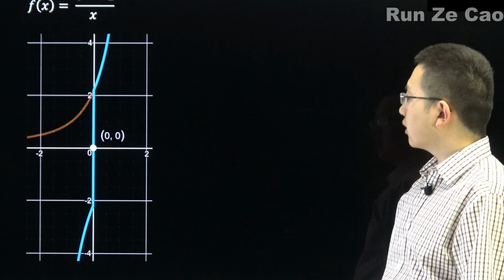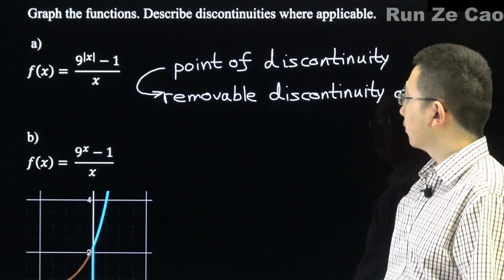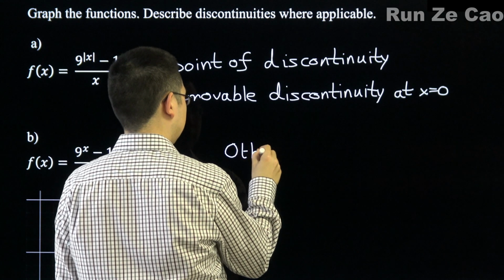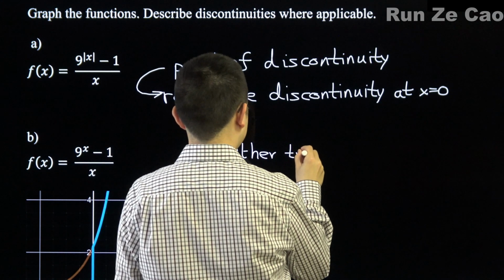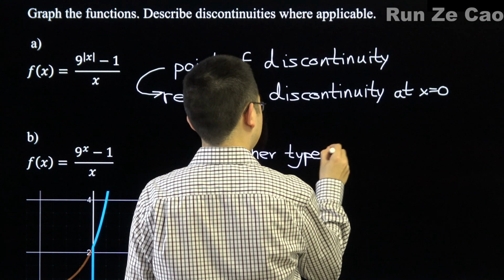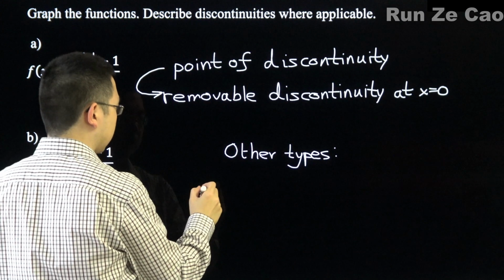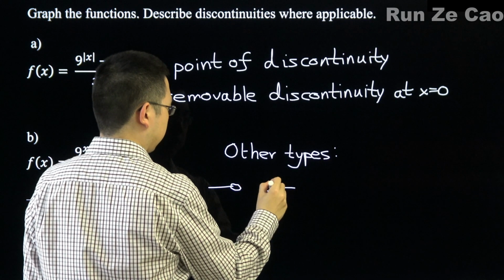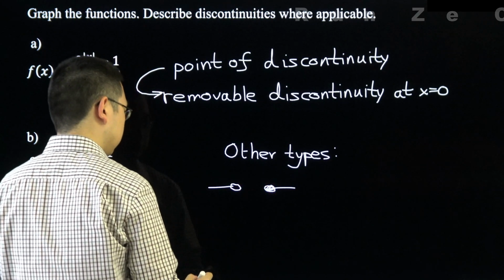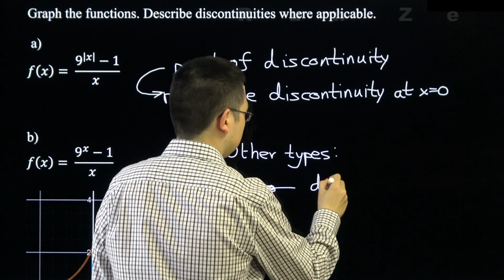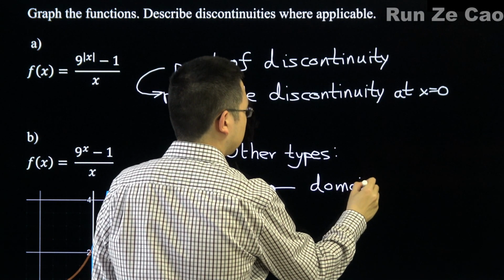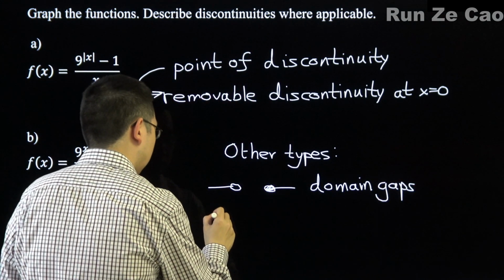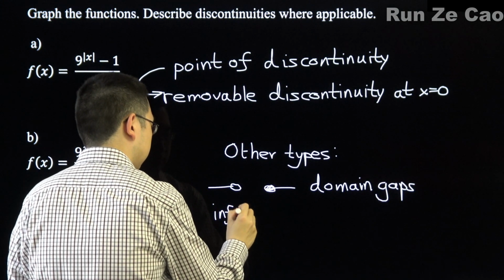Okay, so what are the other types of discontinuities? There are the obvious big gaps, like this, for example, or fill that in. So, domain gaps. There's infinite discontinuity.